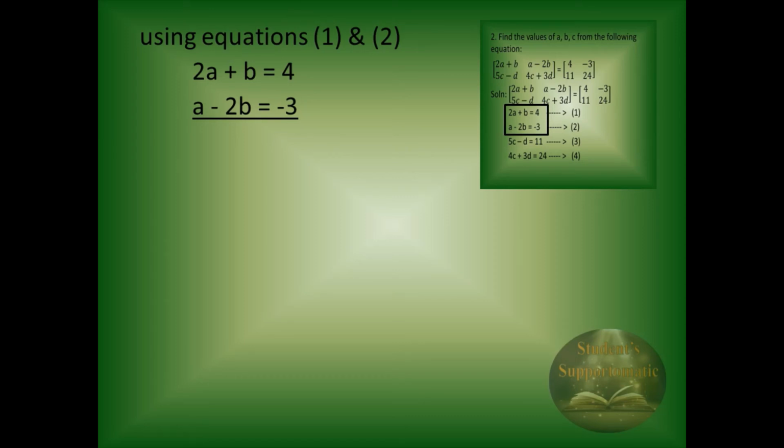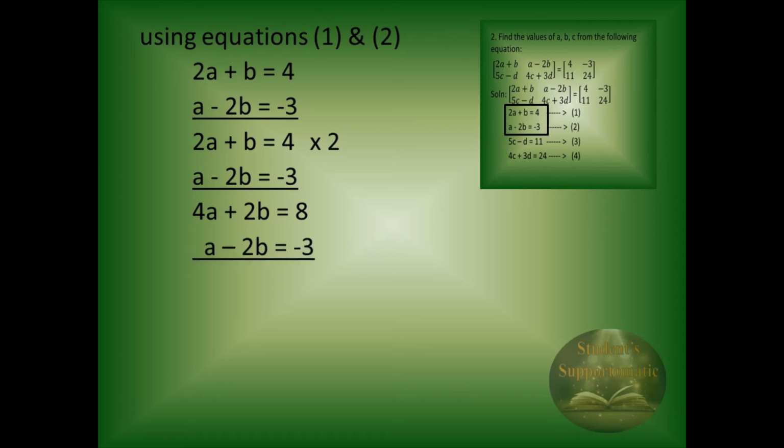So I will multiply equation 1 by 2. The second equation remains the same, meaning it is multiplied by 1. So 2a plus b is equal to 4, multiplied by 2, becomes 4a plus 2b is equal to 8. Each coefficient is multiplied by 2.